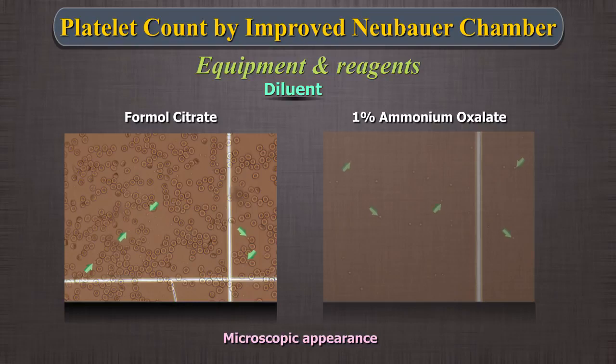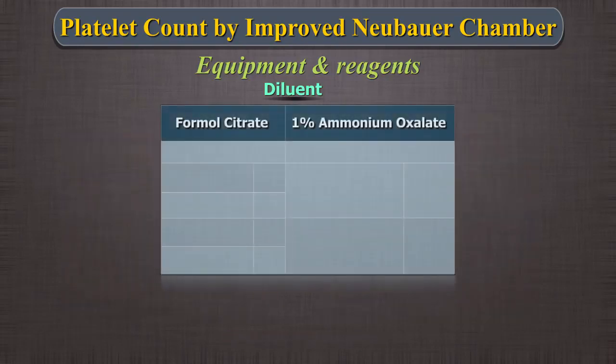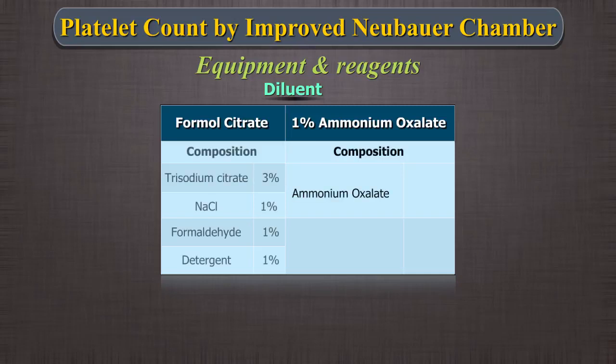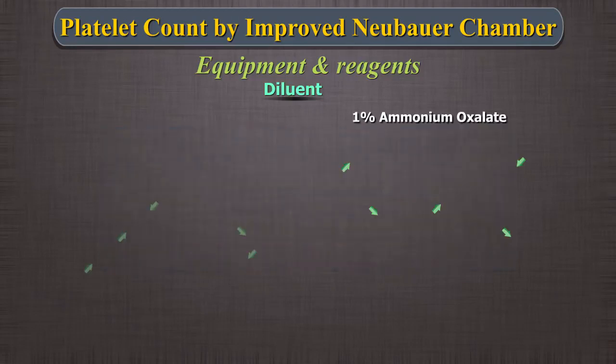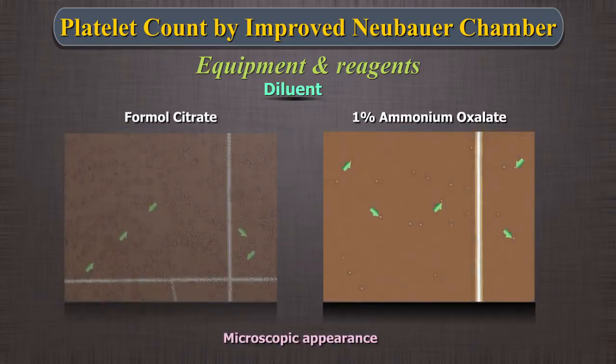Microscopic appearance. Now, 1% ammonium oxalate. Composition: ammonium oxalate 11.45 grams, phosphate buffer 1 gram. Lyses RBC at any dilution while WBC and platelet are intact. Microscopic appearance.